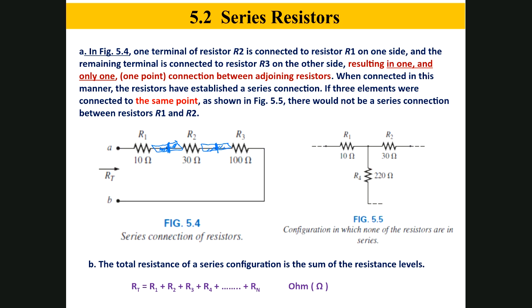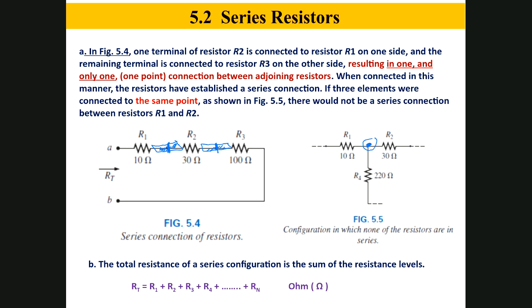However, in example 5.5, we can see that R1 with R2 are joined by one point, but unfortunately this point is carrying another element, which is R4. So in this configuration, we cannot call it series. Why? Because it is supposed to be only one point between R1 and R2, and this point is not supposed to carry any other element.